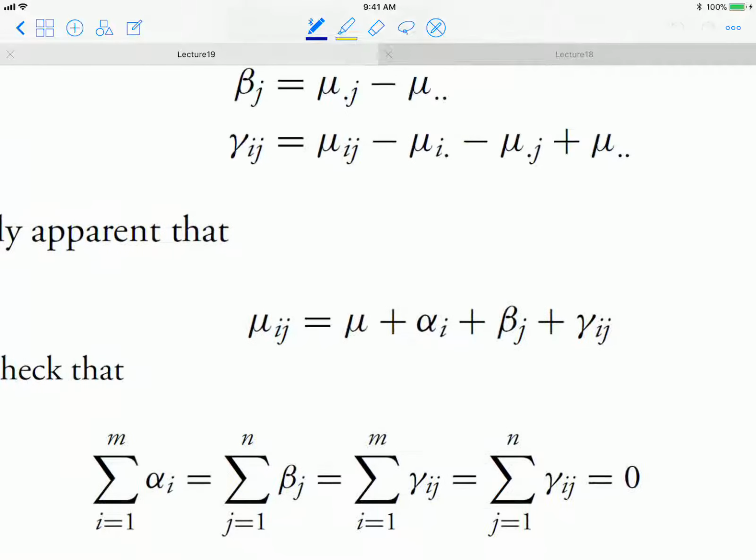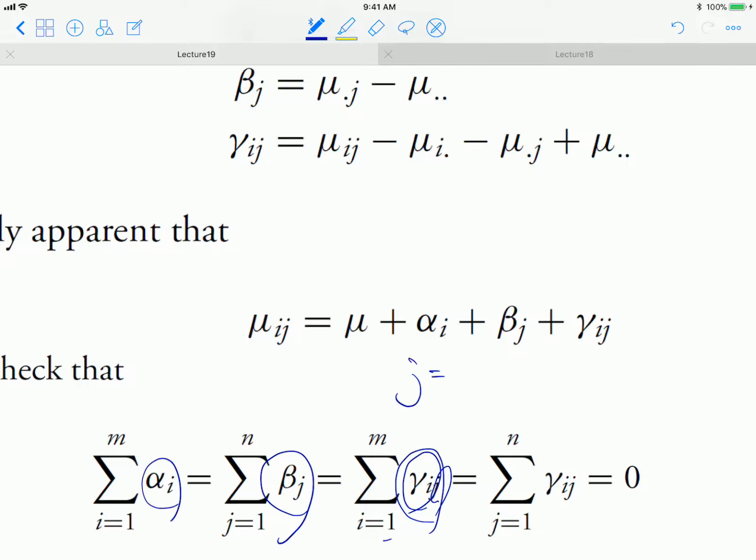So mathematically, the sum of alpha is 0, the sum of beta is 0, and for gamma ij, when fixing j and then summing up over all the gamma i's, it will be 0.